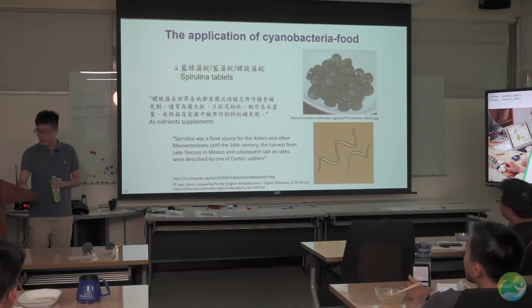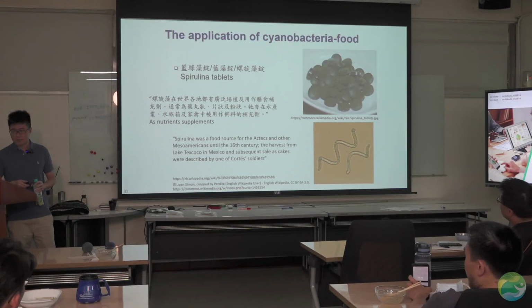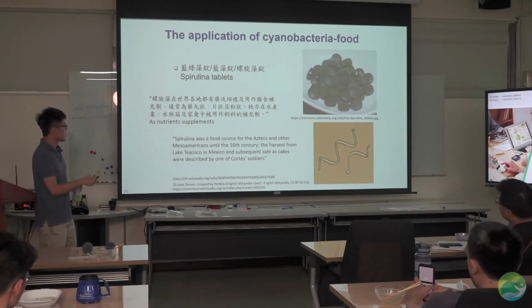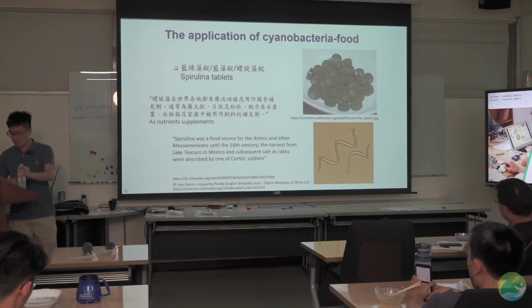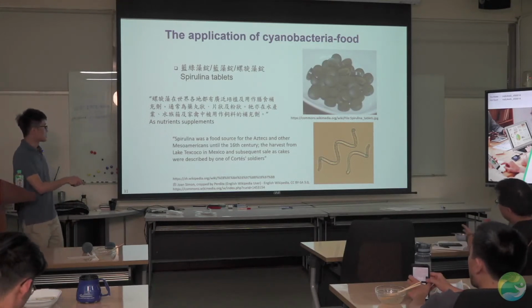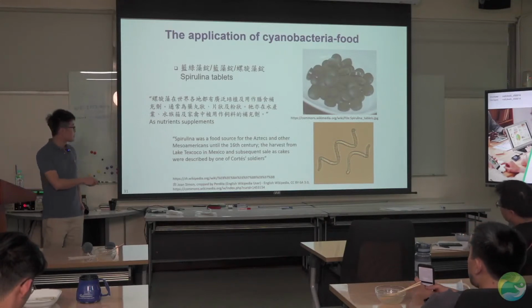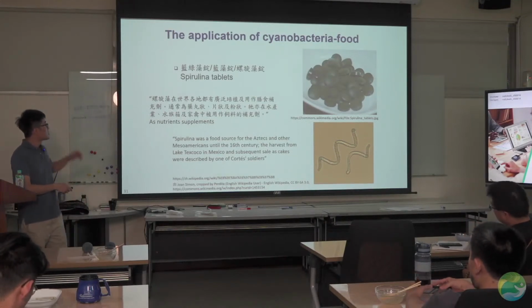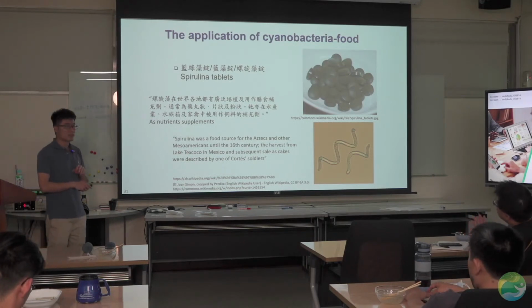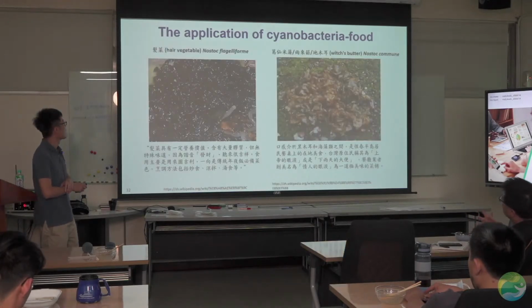Okay. So it's called 螺旋藻 because you can look at this. It looks like a spiral shape, and people started eating it back in the 16th century in Mexico. There is also other food made from cyanobacteria you may have known, but you might not know they are cyanobacteria.